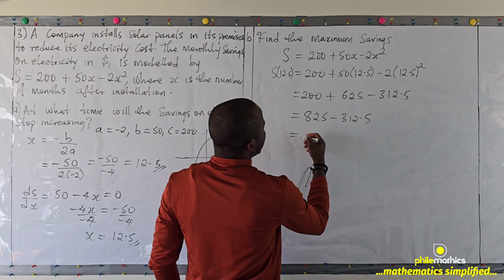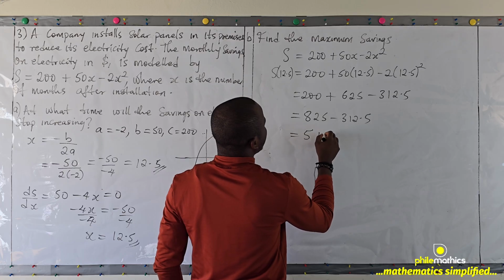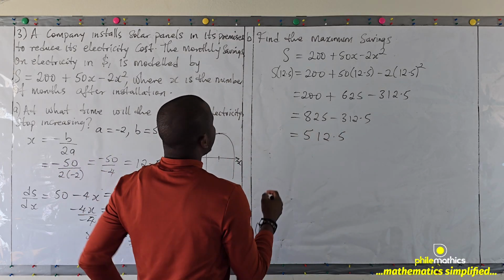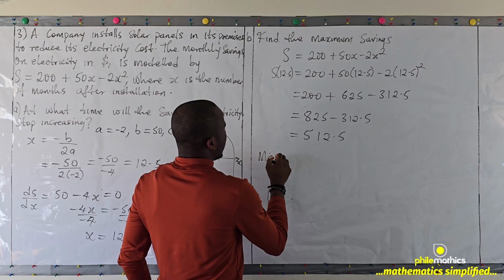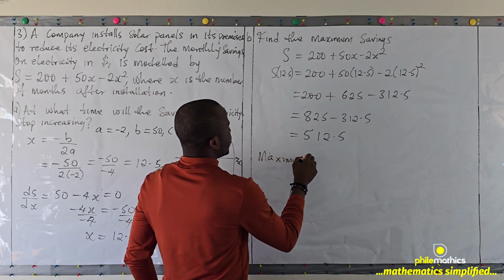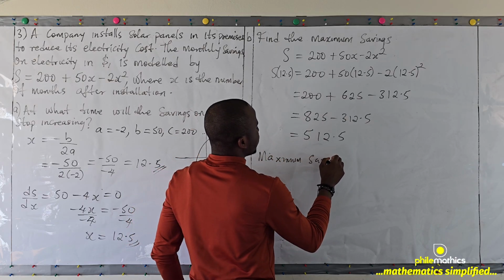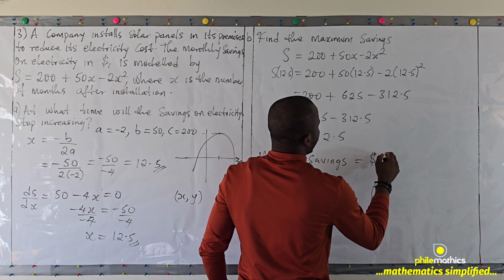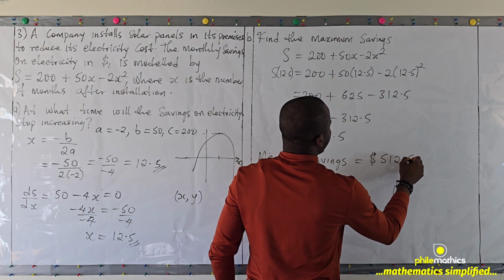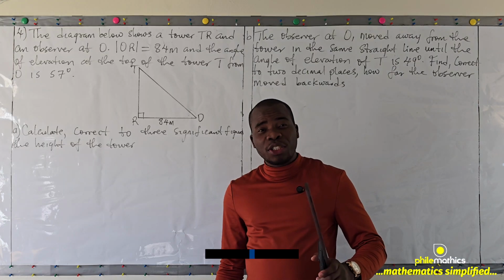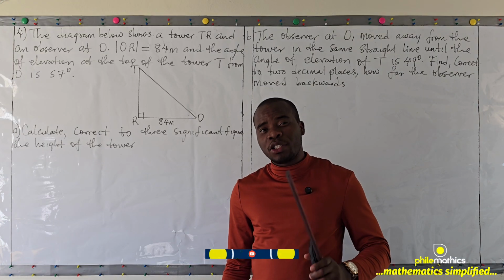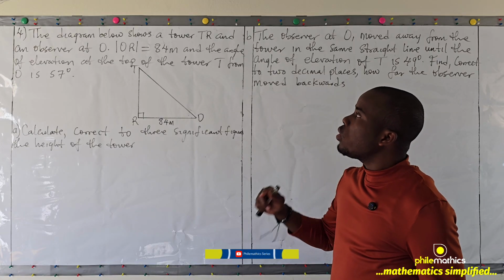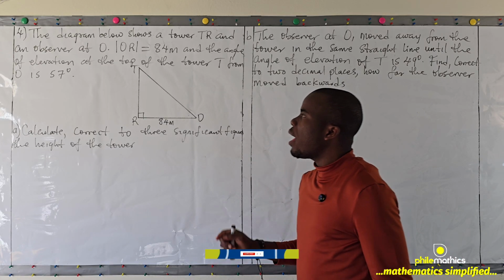And if we subtract this, we'll have 512.5. And so our maximum savings will be $512.5.